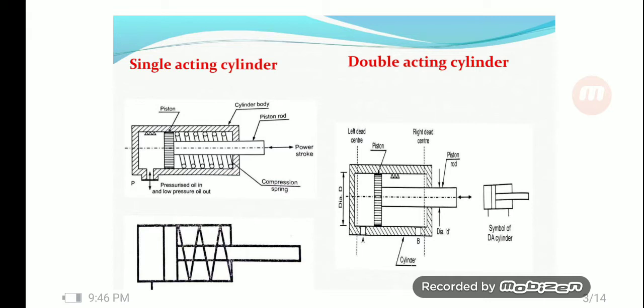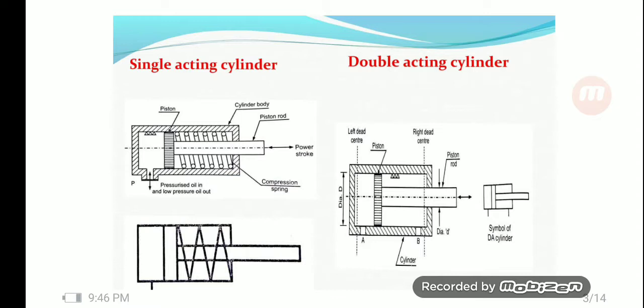Second is the single acting cylinder. This type of cylinder is used only for the forward direction. It works only in a single direction. When we want only the forward direction or only a power stroke, single acting cylinders are mainly used.